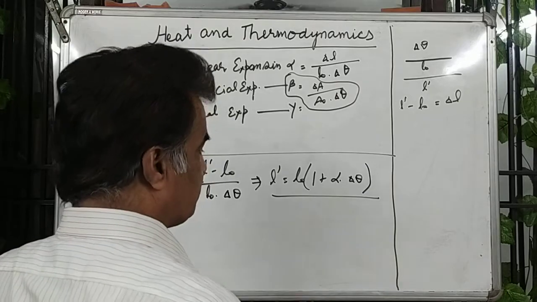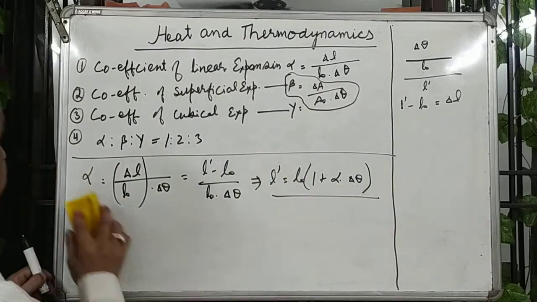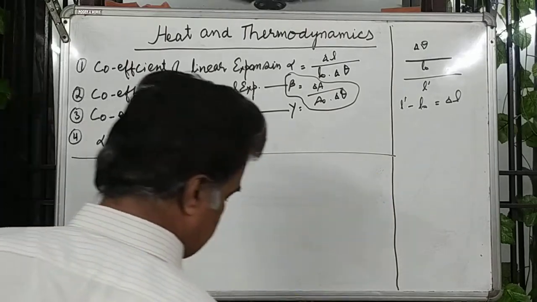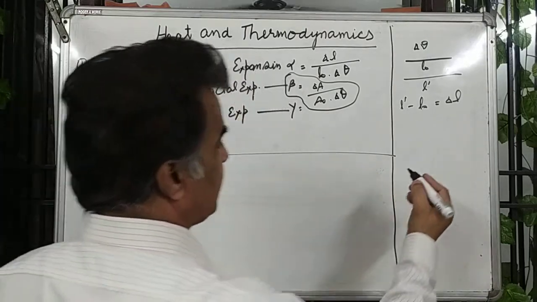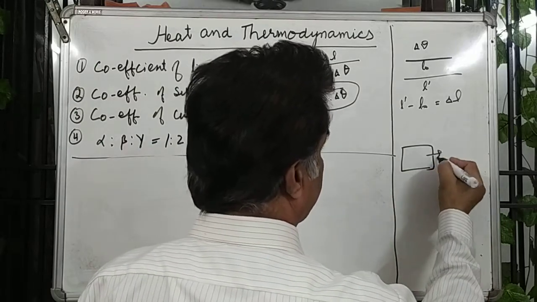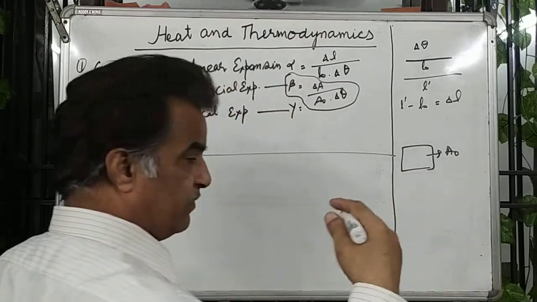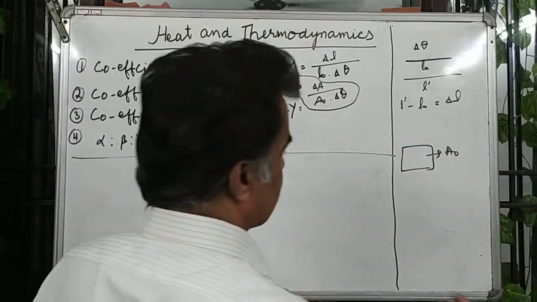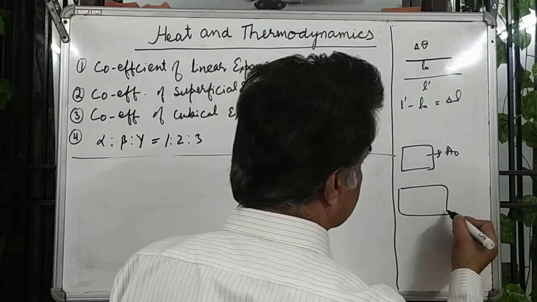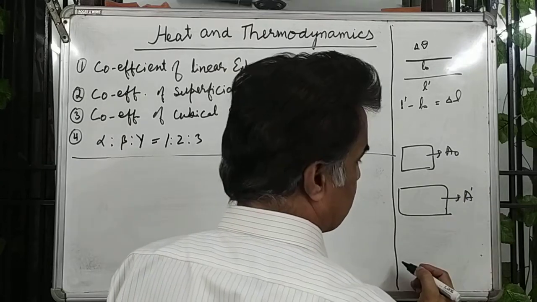If there is a sheet of area A naught and the temperature increases, the sheet area will increase and this becomes A dash.